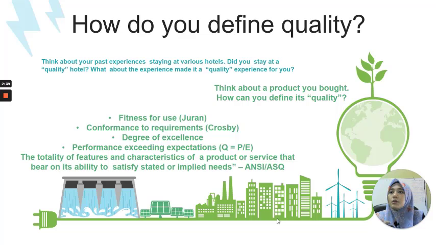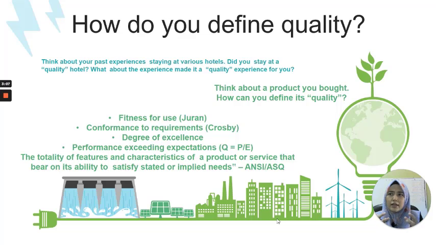Okay, so the definition of quality, ada pelbagai definition. From Juran is the fitness for use. Sama ada quality itu menentukan kesesuaian sesuatu barang itu boleh diguna pakai. Okay, and conformance to requirements. Macam contoh kalau satu telefon itu, kalau kita expect dia digunakan untuk membuat nota ataupun untuk edit gambar, tapi performance dia meet the requirement.